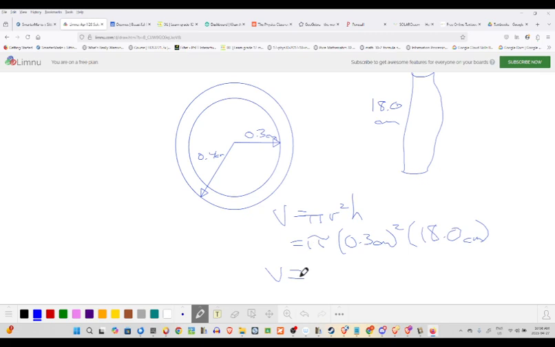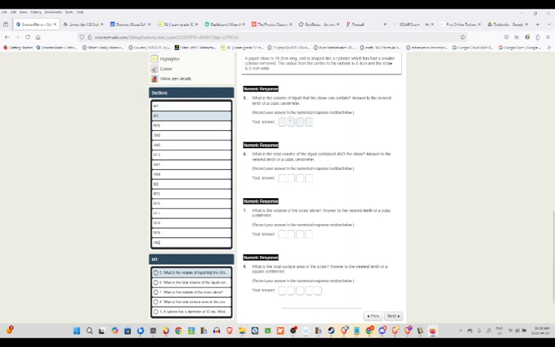So the inner volume gets us 5.0893800099. That's our volume, and it is in cubic centimeters. We're asked to answer to the nearest tenth. That's 5.1.